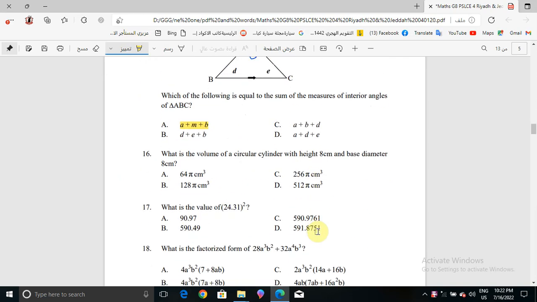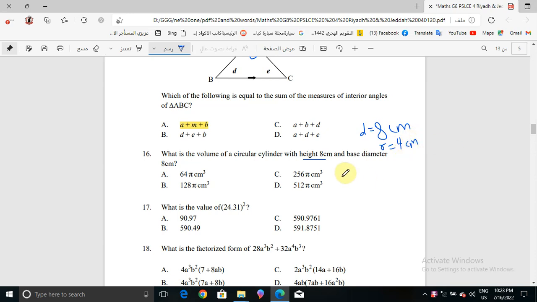Now question number 16: what is the volume of a circular cylinder with height 8 cm and base diameter 8 cm? Okay, now what we have here is the height, 8 cm, and the diameter is 8 cm. But if we want the radius, it will be 4 cm, right? The half of the diameter.